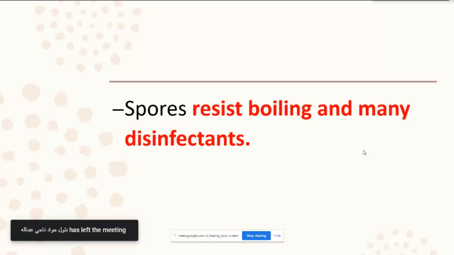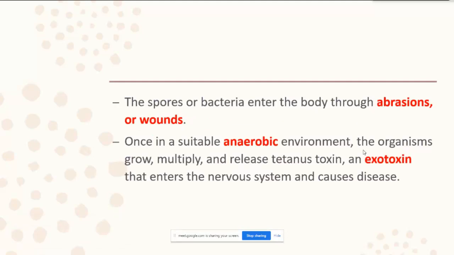And the spores generally get entry into the body through abrasions or wounds, commonly wounds. Sometimes the abrasions are so minimal or trivial that the patient will not report any previous trauma or wound. So sometimes with any minor abrasion, these spores may get entry into the body.